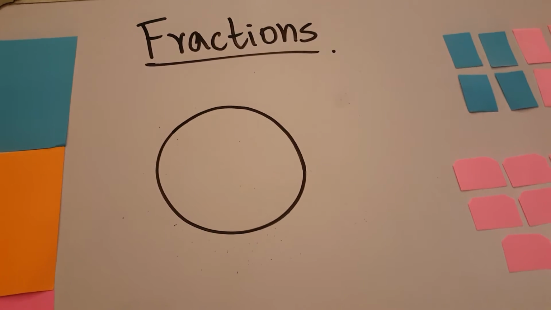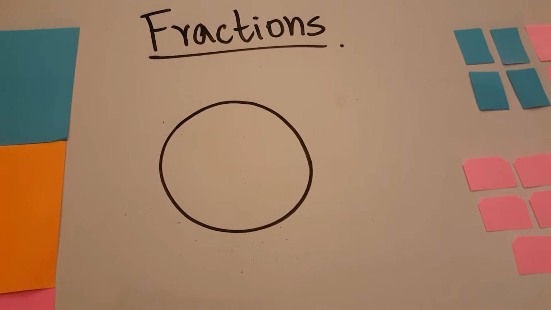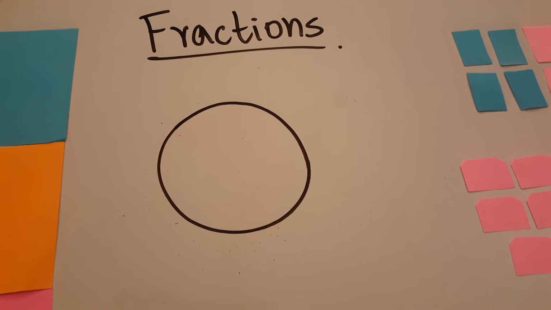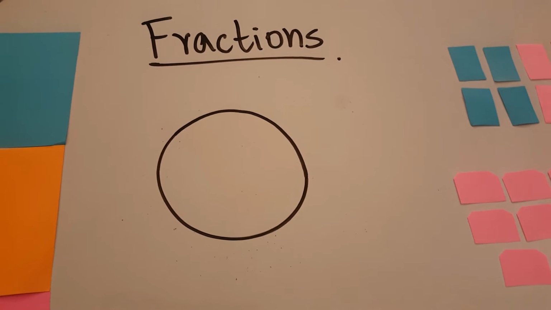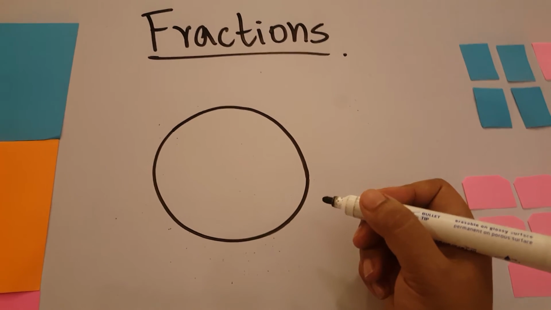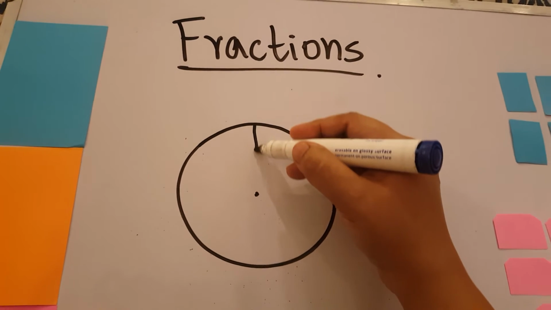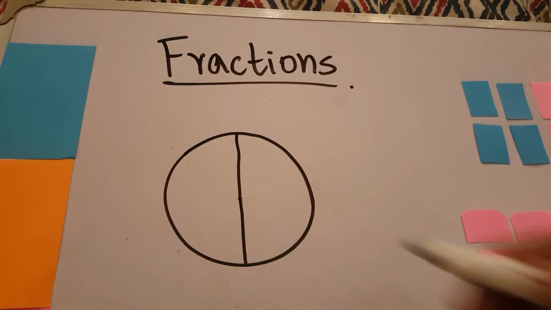Moreover, I have this circle now drawn, and I would like to see how I can have a fraction for this circle. So in order for this circle to be divided into equal sections, I must very carefully divide this into equal halves like this.